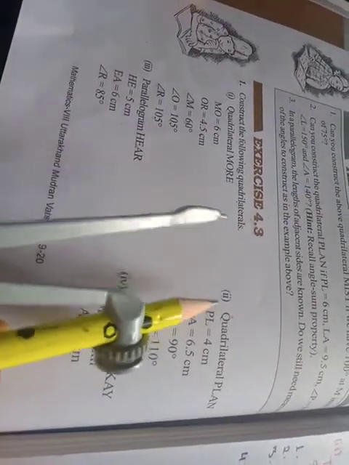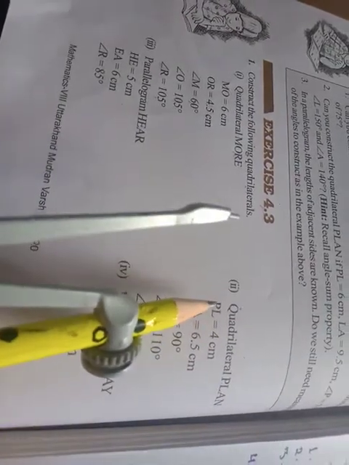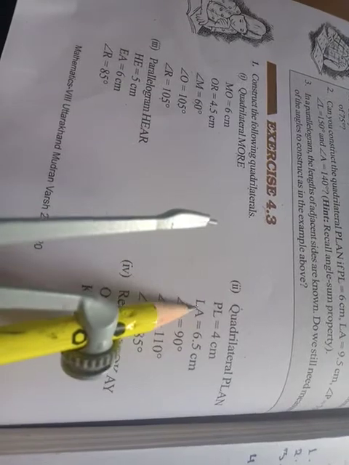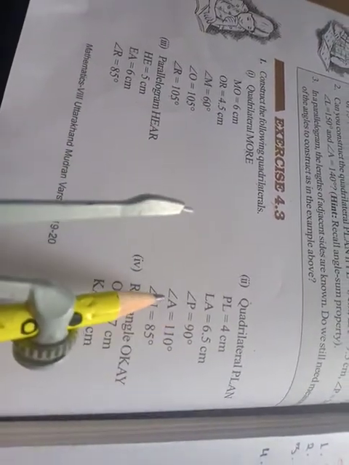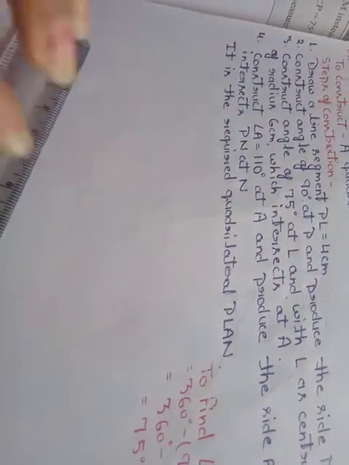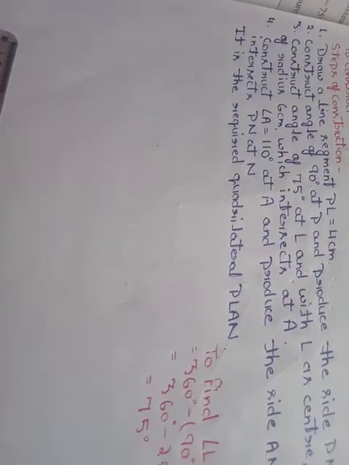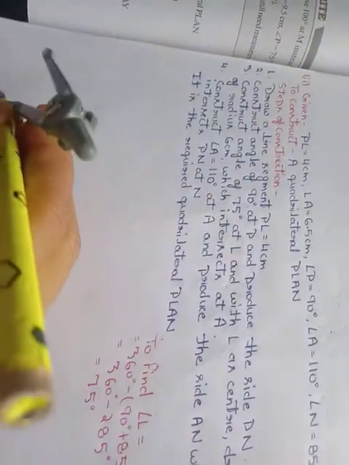Now the second part: we construct quadrilateral PLAN with the given measurements PL is equal to 4 centimeters, LA is equal to 6.5 centimeters, angle L is equal to 90 degrees, angle A is equal to 110 degrees and angle N is equal to 85 degrees. So we start the construction. First we draw a line segment PL which is 4 centimeters.